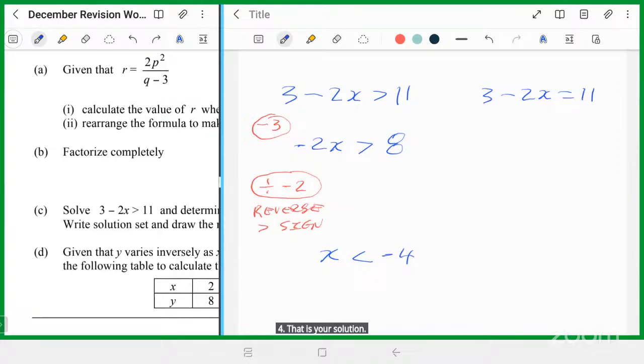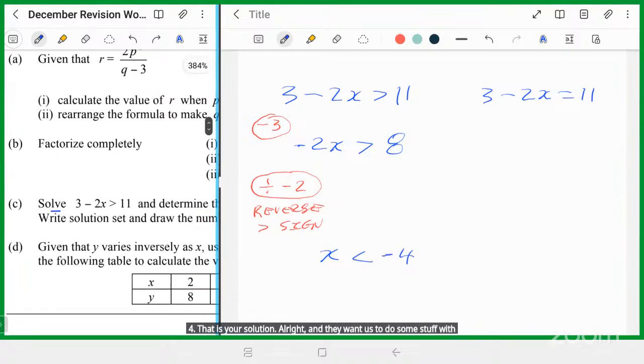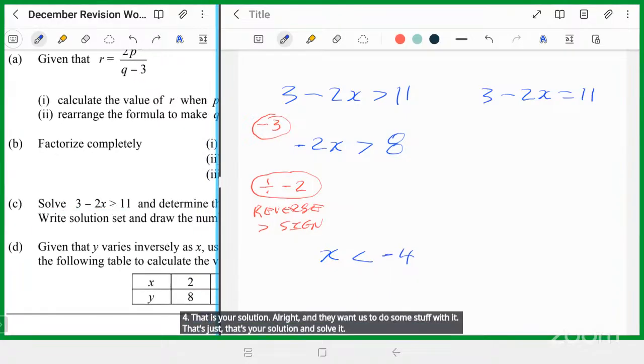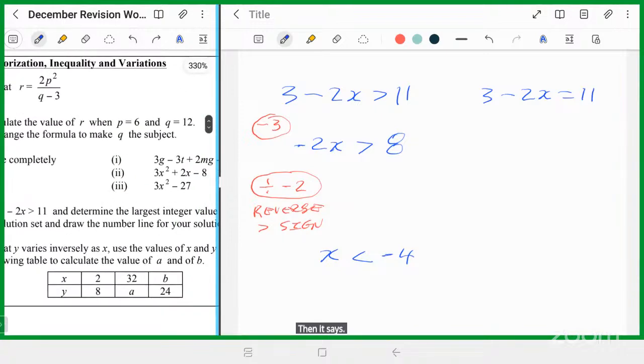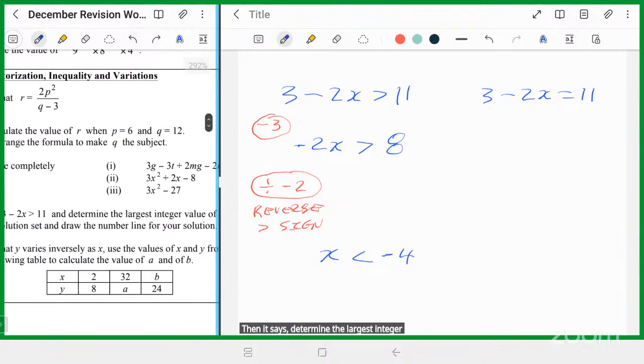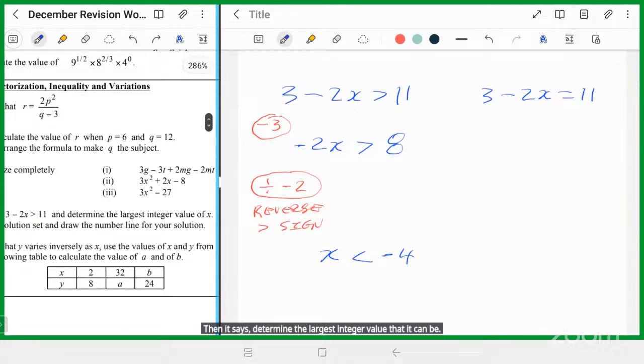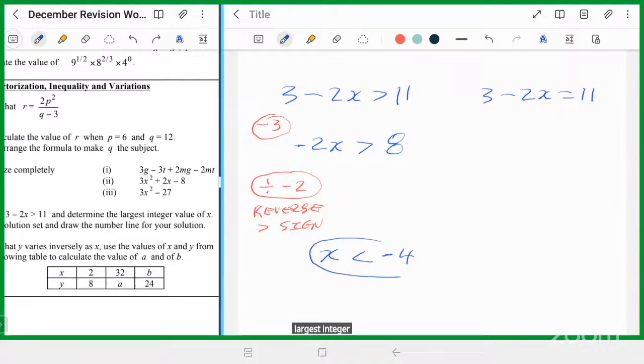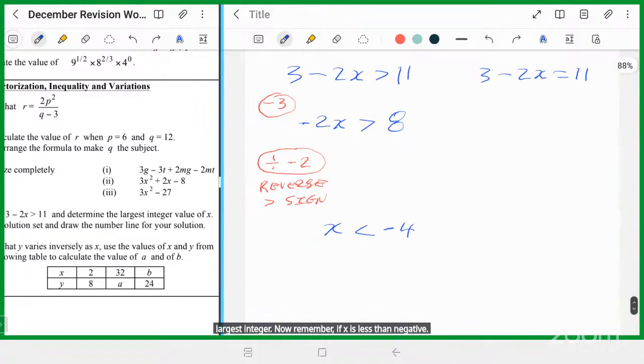And they want us to do some stuff with it. That's your solution and solve it. Then it says, determine the largest integer value that it can be. The largest integer. Now remember, if x is less than negative 4 and you want to list the values, I'll put the number line first, might be more glaring on the number line.